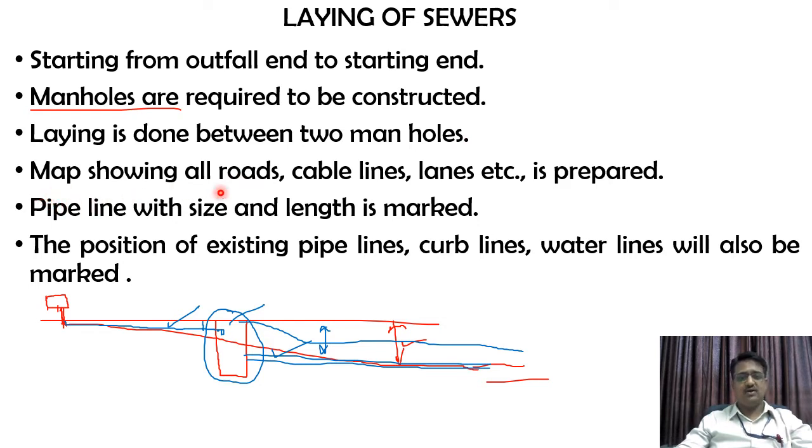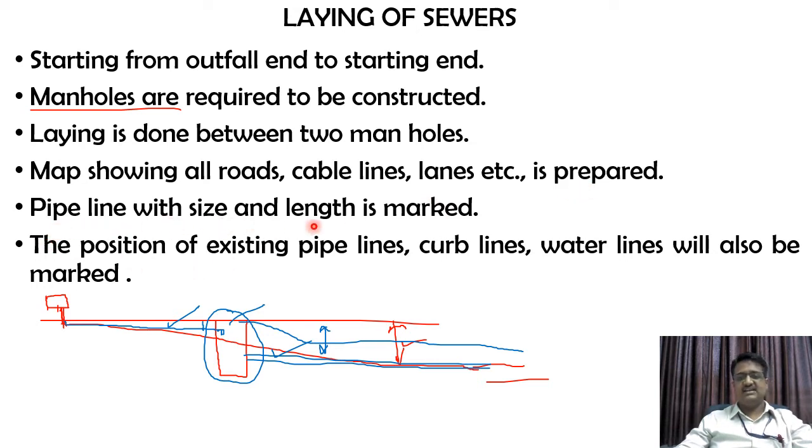Next, a map showing all the roads, cable lines, lanes, etc. is prepared. For a master plan or for the execution of that work, we need to make sure that all the roads and cable lines, and any other cables already placed beneath the ground, are available to you.